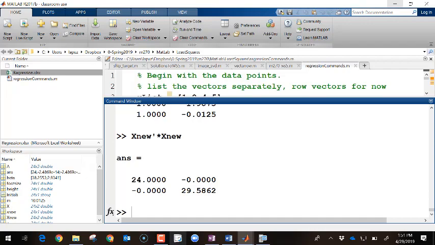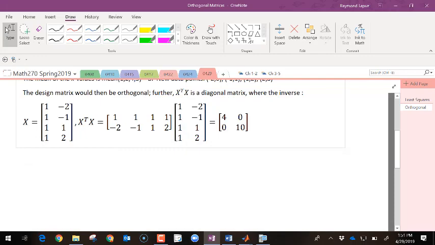What we're saying is that these two column vectors are perpendicular.